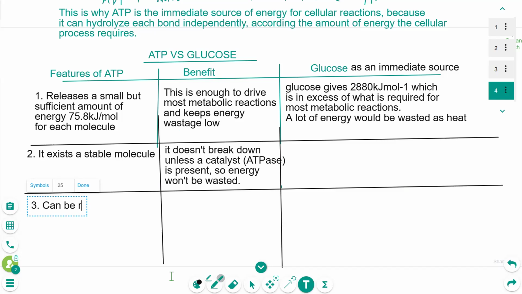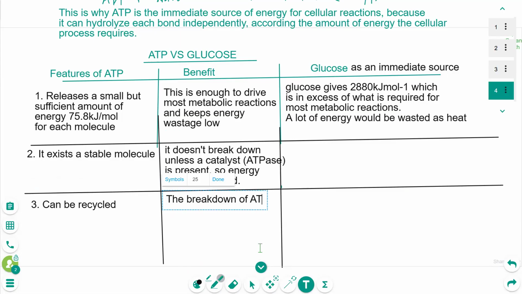ATP can be recycled, because the breakdown of ATP is a reversible process.